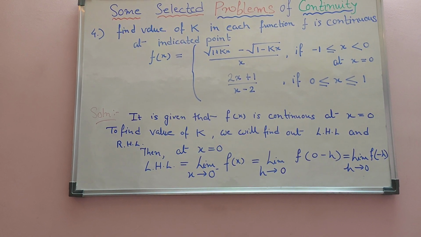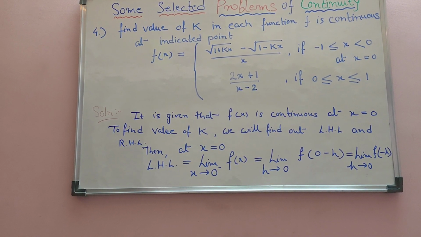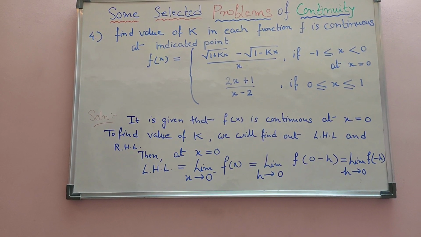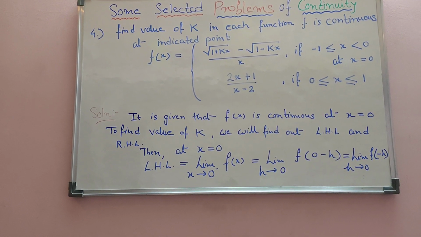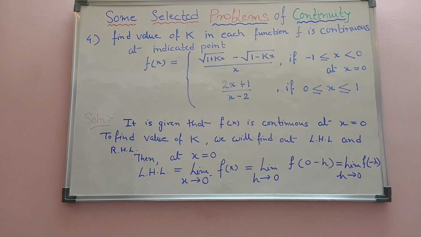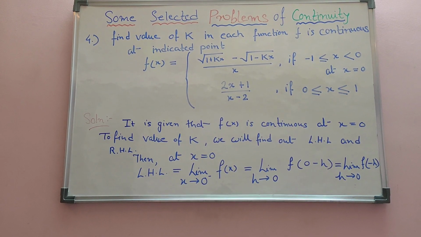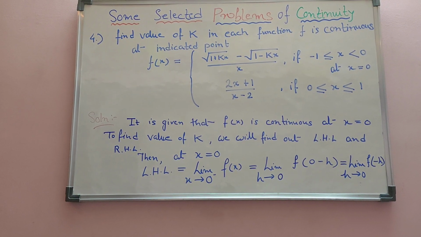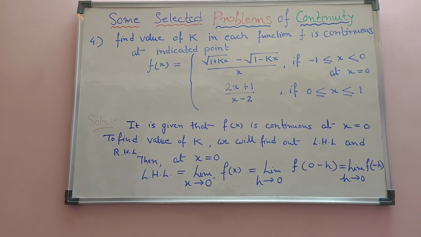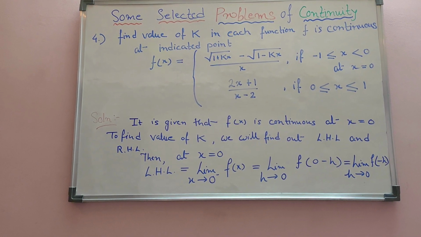The minus on 0, which you already know, whenever we take the left hand limit, we have to approach x tends to 0 slightly less than 0. That's why we always put the minus sign on the given point. Now we can change it to h.